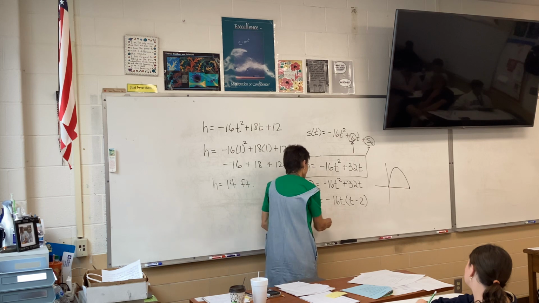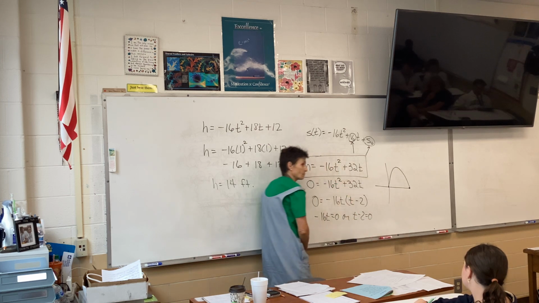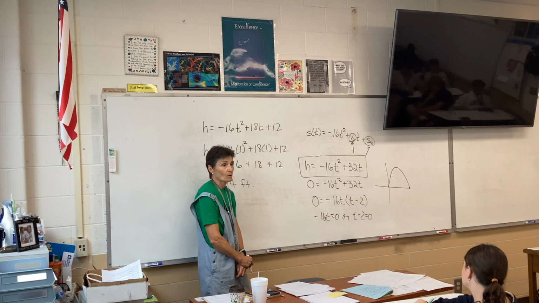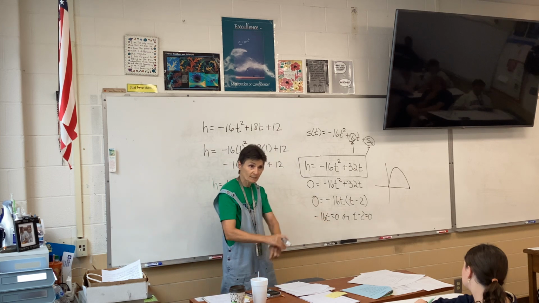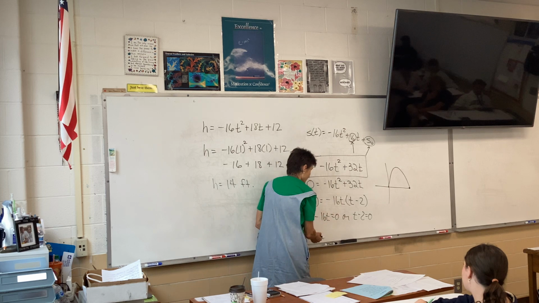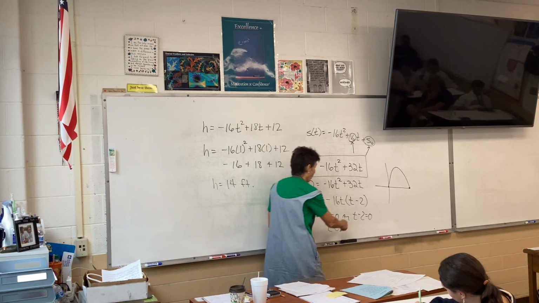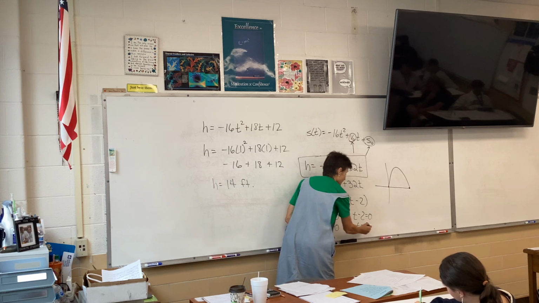And then I can say, okay, that means either this is 0 or this is 0. Once I factor, I set them equal to 0. So dividing by negative 16, t is 0, or t is 2.